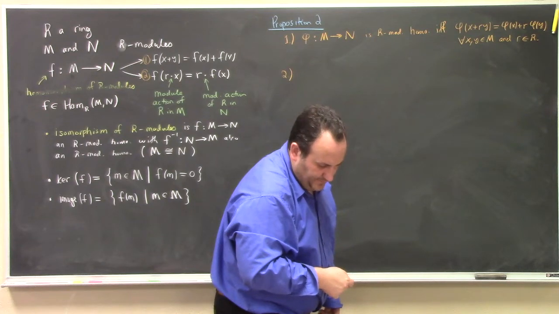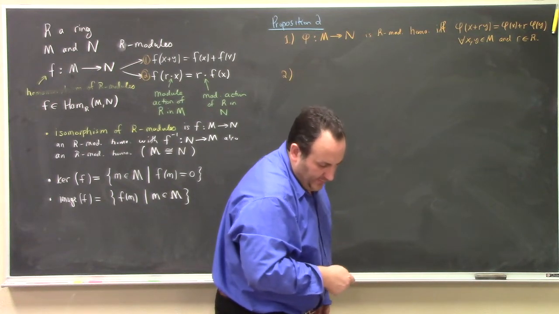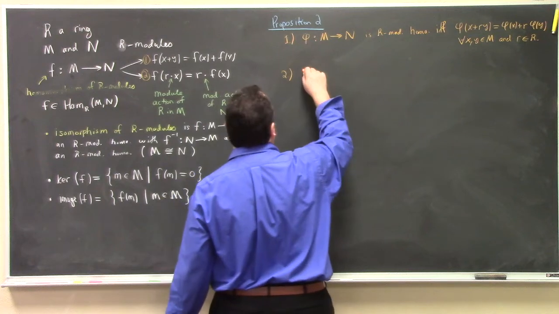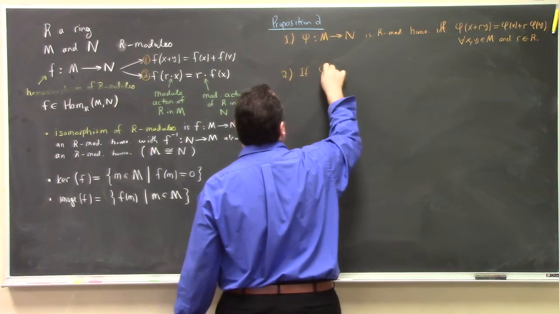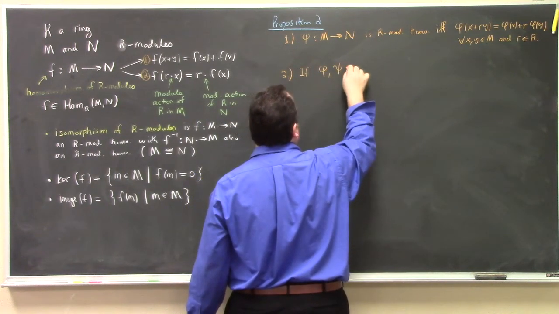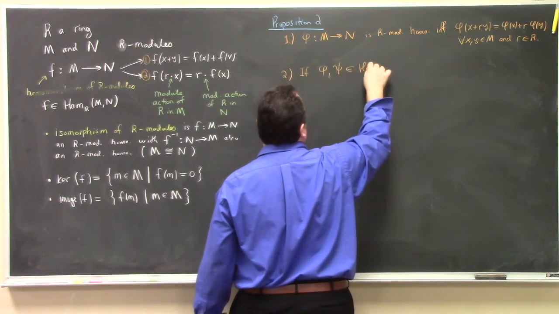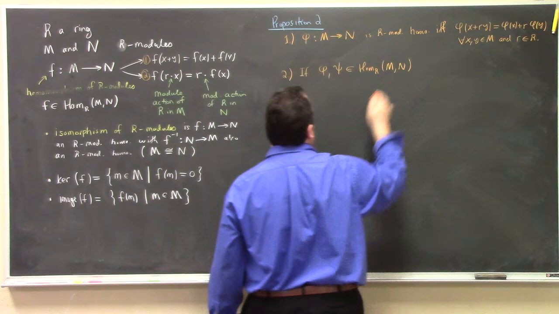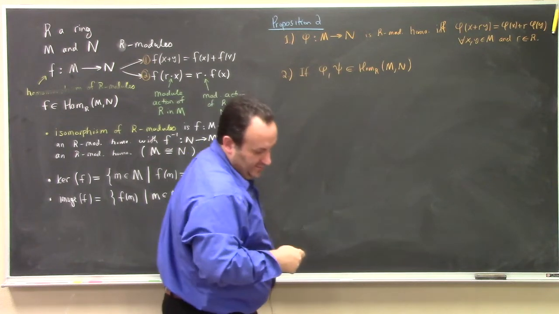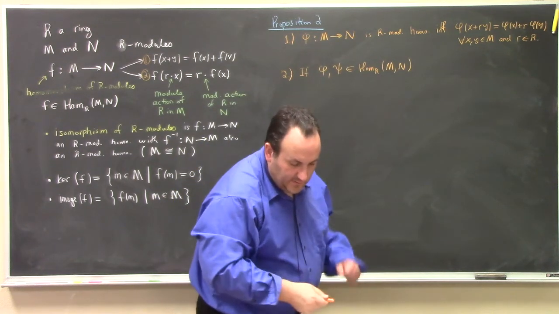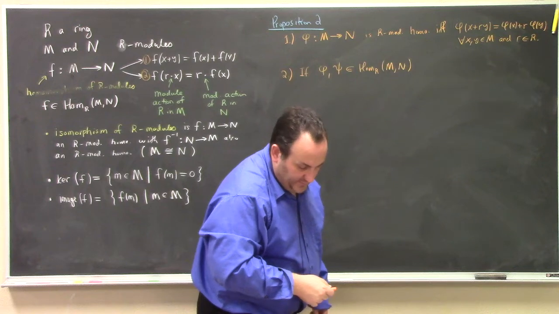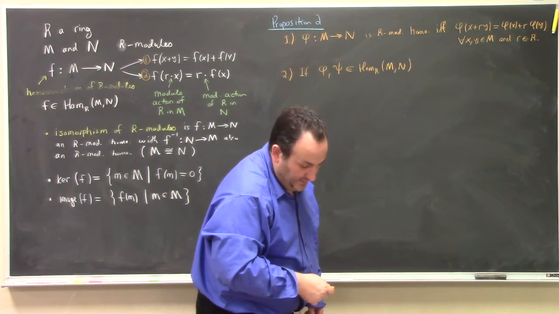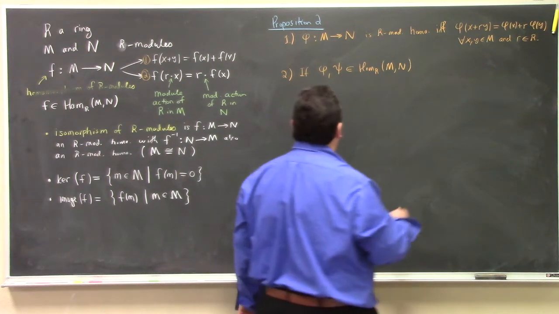2. If we have homomorphisms, right? If phi and psi are in the R module homomorphisms from M to N, then guess what? You can define new R module homomorphisms by what? You can add them, and what else could you do? You can scalar multiply them, right?